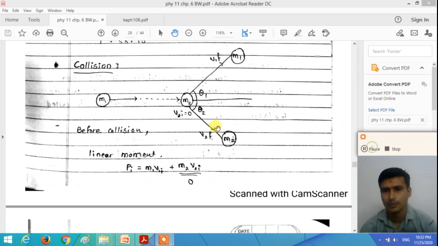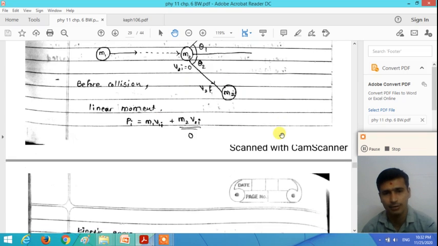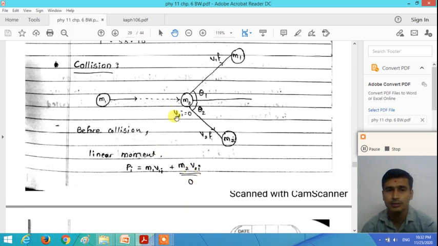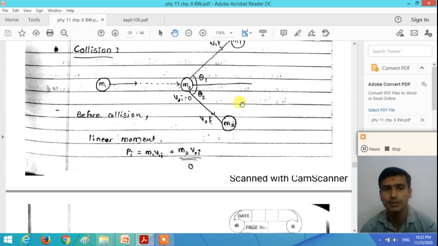Understand? Now after collision, the m1 object is moving with the v1f velocity and the m2 object is moving with the v2f final velocity. So after collision, the final linear momentum pf is equal to m2 into v2f plus m1 into v1f. Here the linear momentum must be conserved.